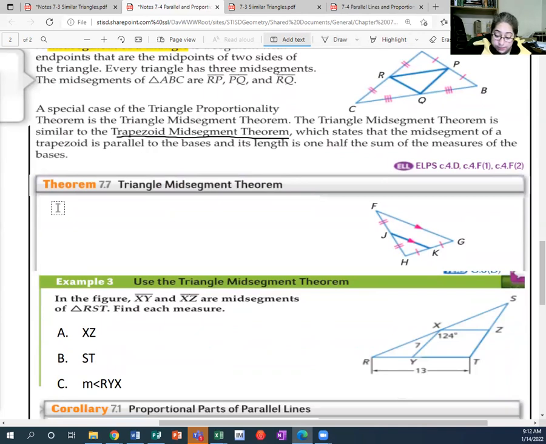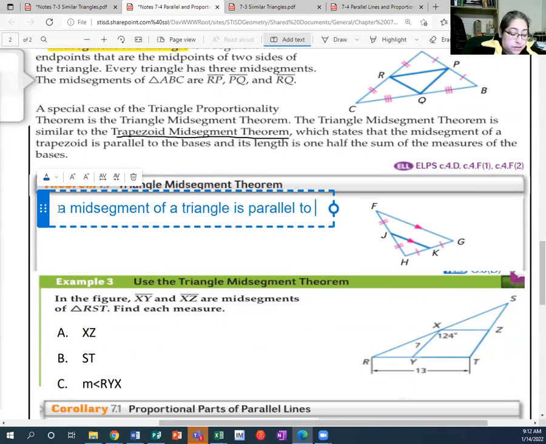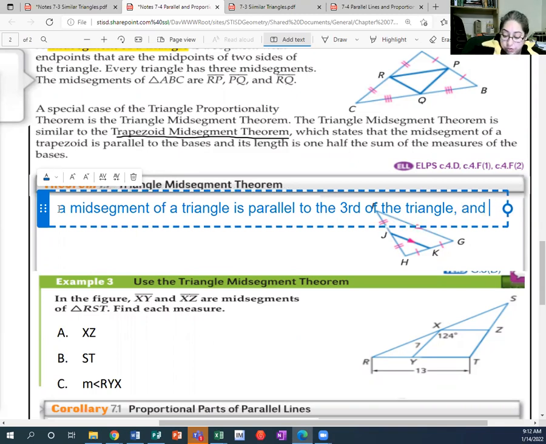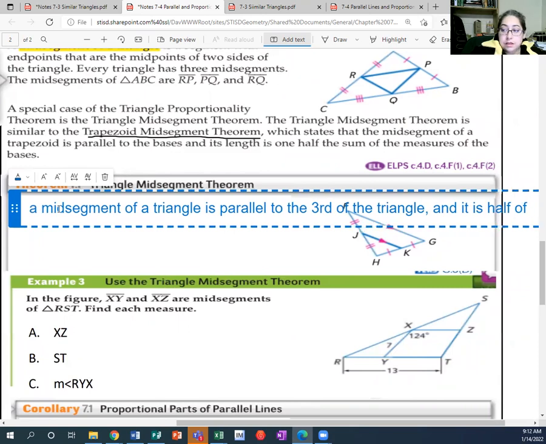It says a mid-segment of a triangle, mid-segment being the same as a median, is going to be parallel to the third side of the triangle, kind of like the mid-segment was parallel to the bases of the trapezoid. And it is half of its length.